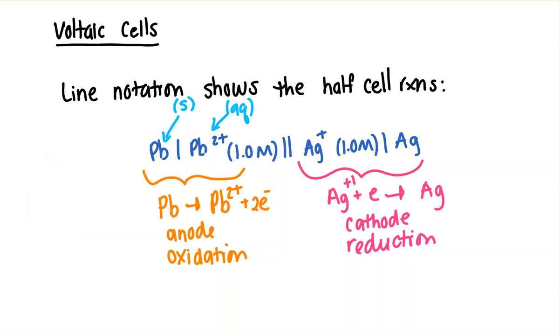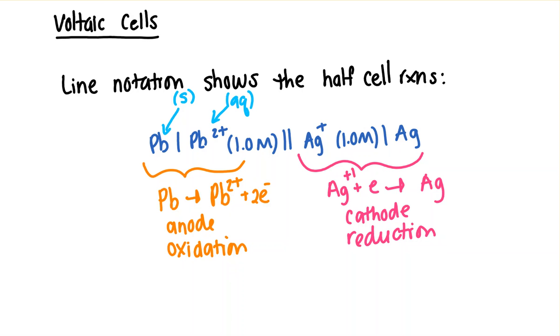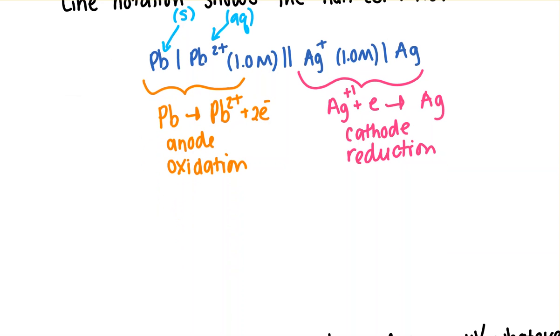So if we want to write a complete reaction, we need to see how to put these together. Maybe you can do that just by looking at the number of electrons involved, but let me go through the steps of how to do that. So I have each half reaction.